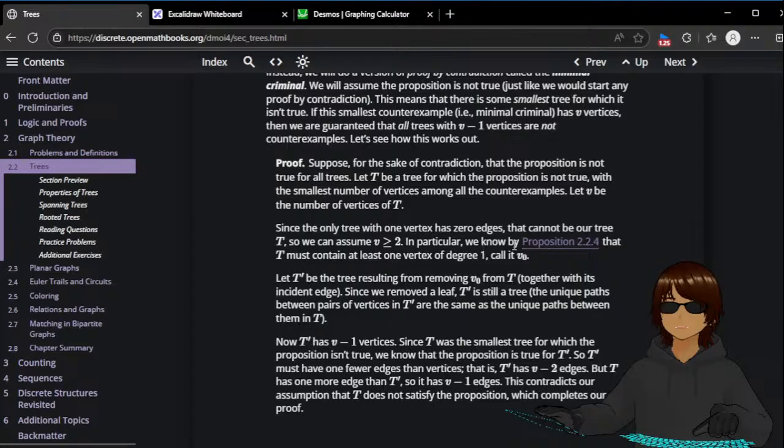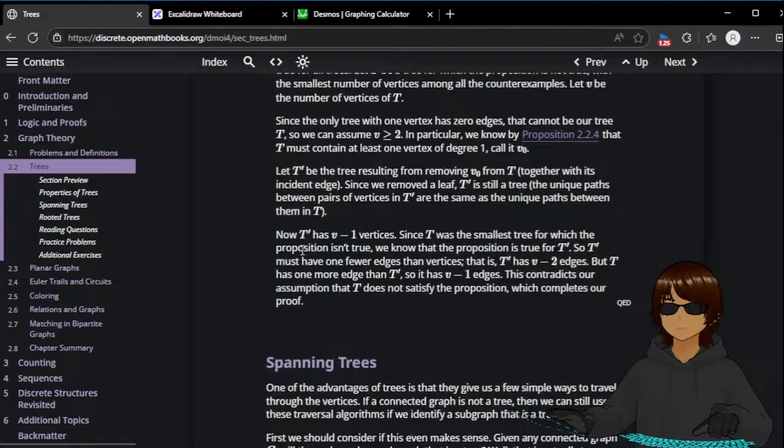In particular, we know by proposition 2.2.4 that T must contain at least one vertex of degree 1. We call that V naught. Let T apostrophe be the tree resulting from removing V naught from T. Since we are removing a leaf, T apostrophe is still a tree. The unique paths between the pair of vertices in T apostrophe are the same as the unique paths between them in T. Now T apostrophe has V minus 1 vertices.